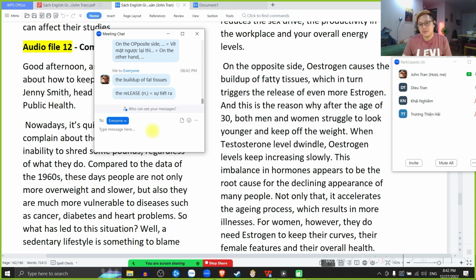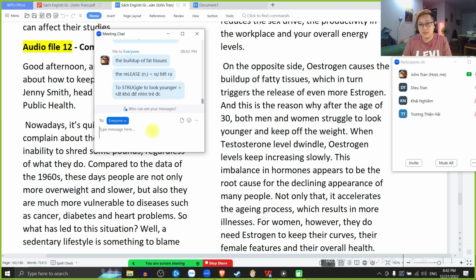And this is the reason why, after the age of 30, both men and women struggle to look younger and to keep off the weight, which means to keep themselves from gaining weight.